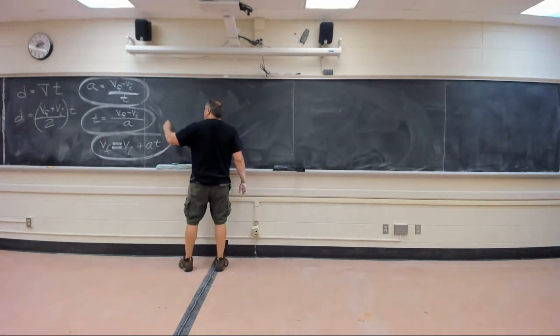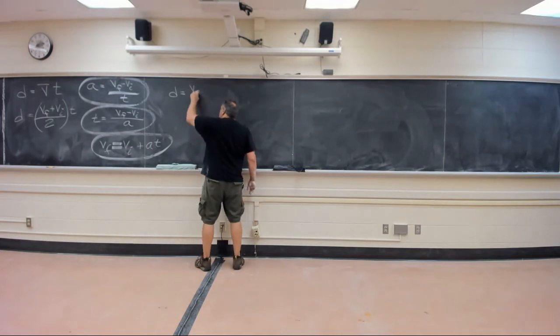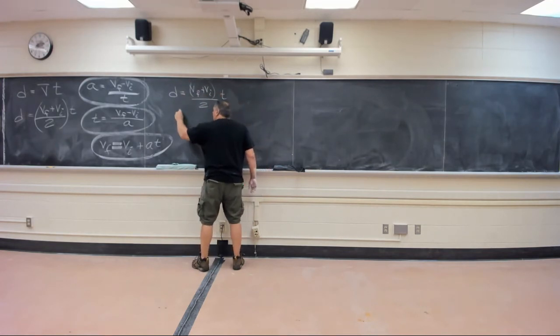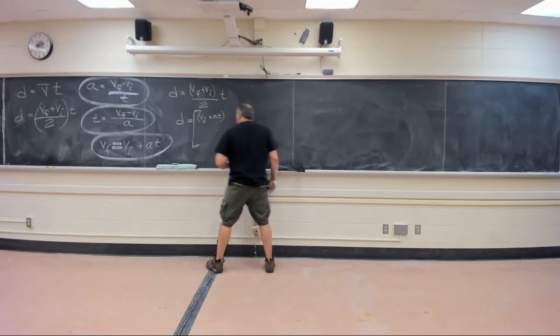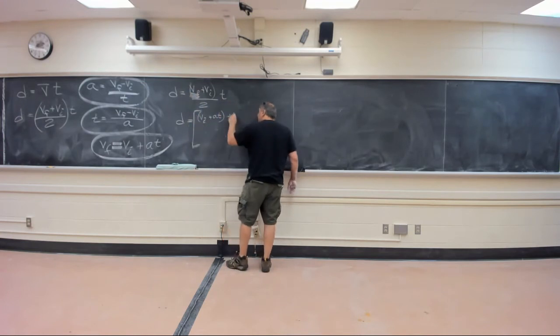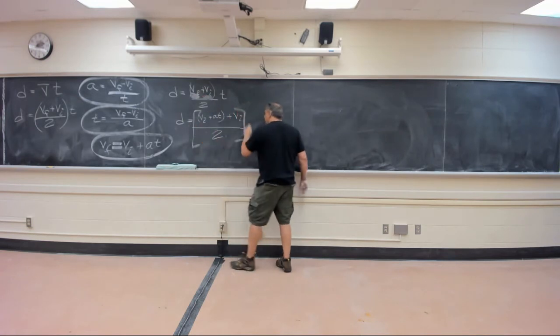We know that D is, well, there's a lot of ways you can do it. We said that D was this. VF is VI plus AT. That's what VF is, VI plus AT. VI is VI. Did we say the average of these two? Yeah, we kind of did a gut feeling argument, so you could do that.